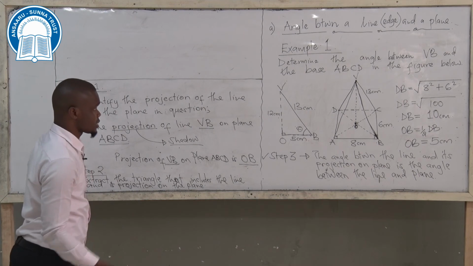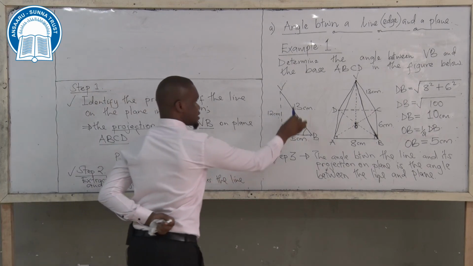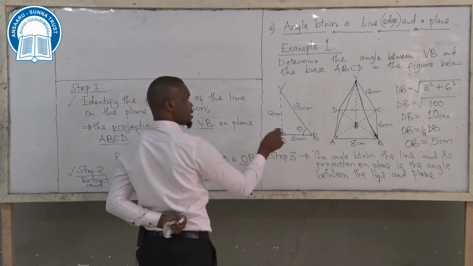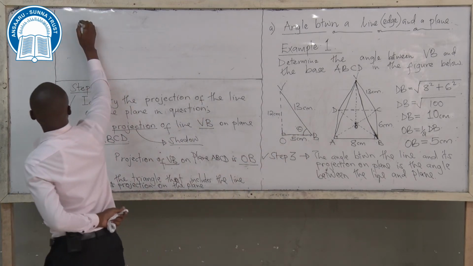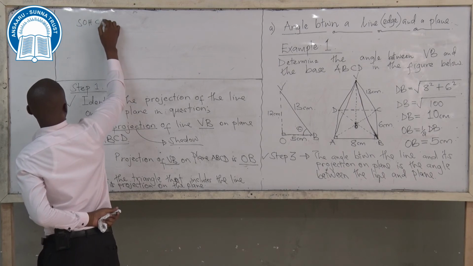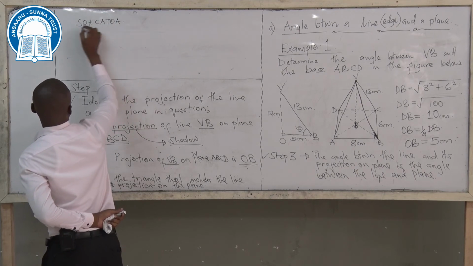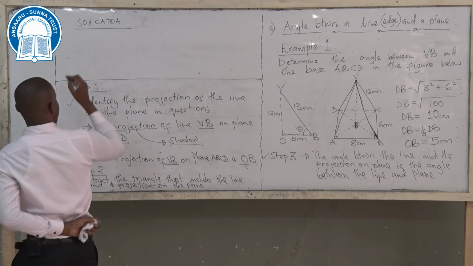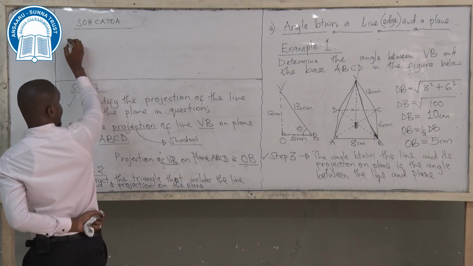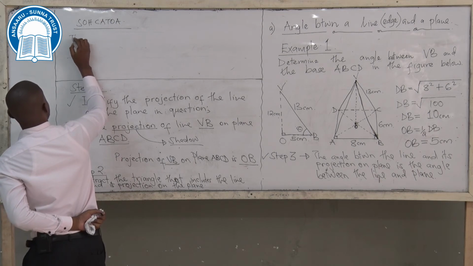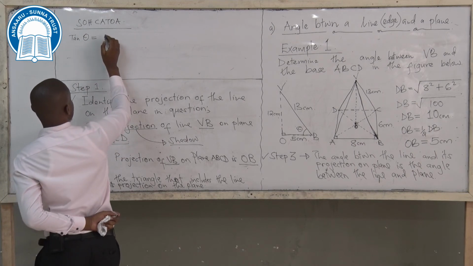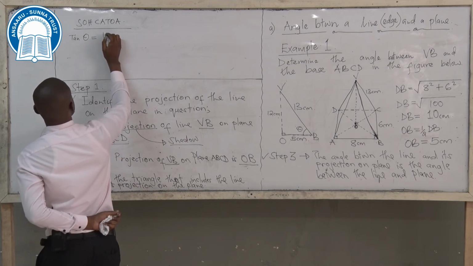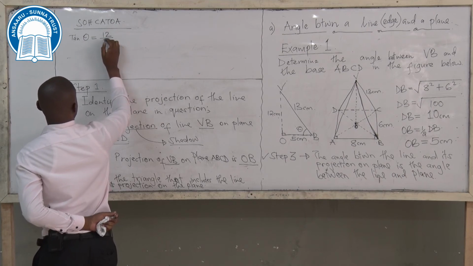So how do you go about this? From the triangle we extracted in step 2, we are discovering that the angle here has a relationship between it and 5 centimeters, 13 or 12. We can use any. From SOHCAHTOA, we can easily and quickly say that tan theta equals 12/5.